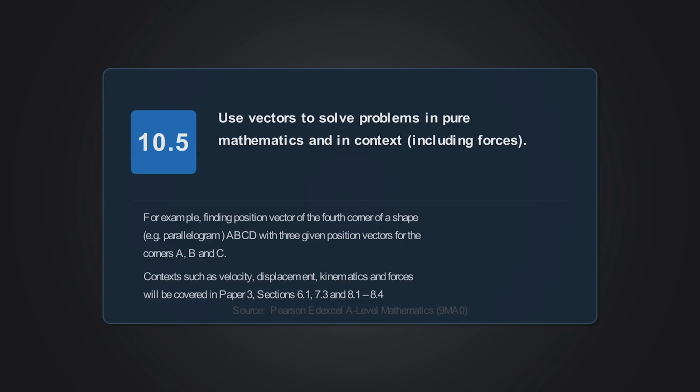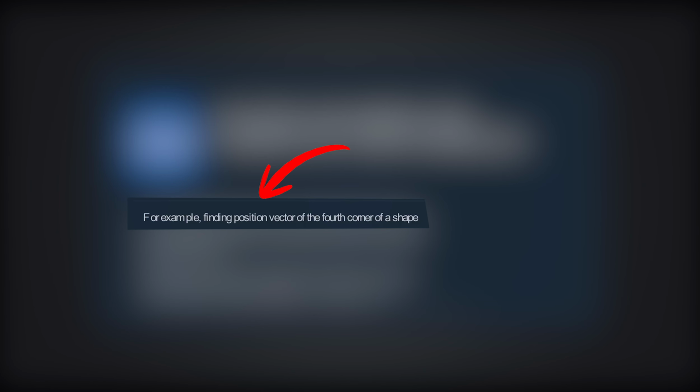Now, 10.5 says you need to use vectors to solve problems in pure maths and in context, including forces. I'm going to be going through exam style questions more properly in a different video, but one example worth calling out, because the spec mentions it explicitly, is finding the position of the fourth corner of a shape, like a parallelogram. Here's the trick, and it is a trick, not a method.